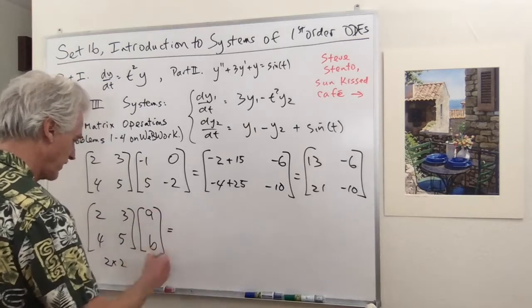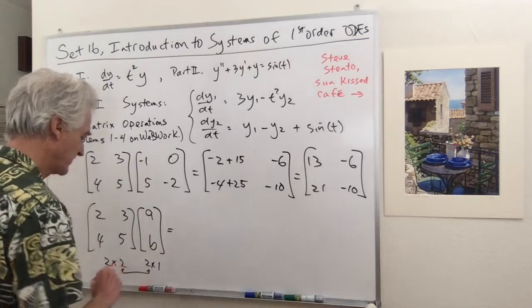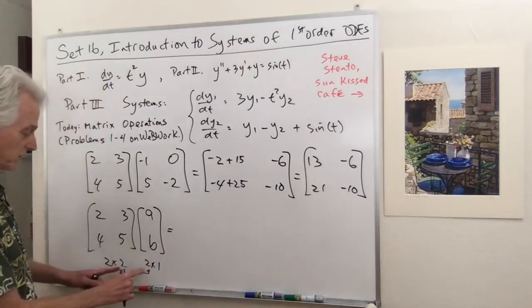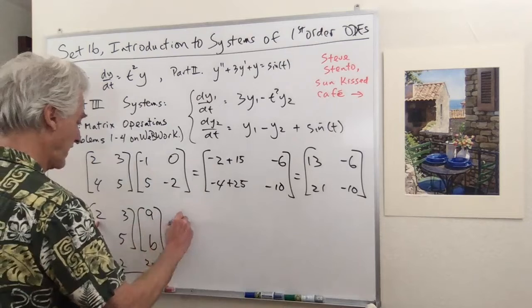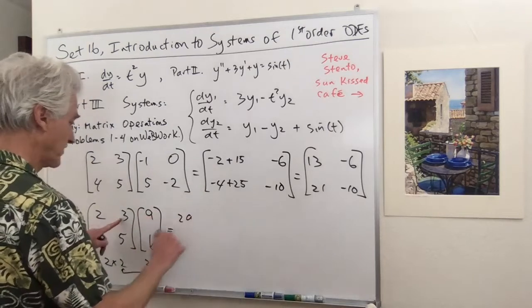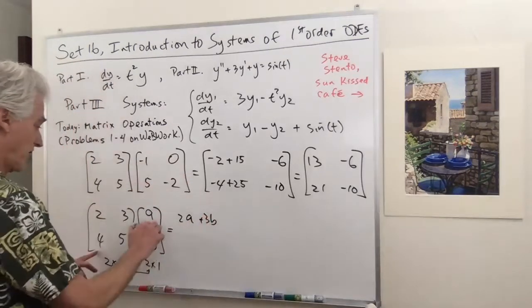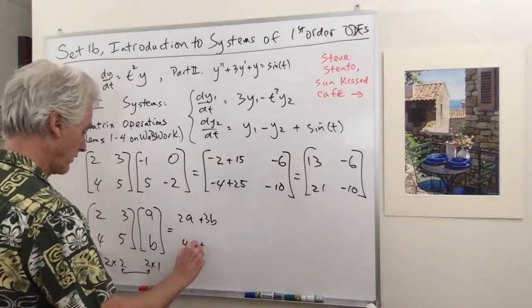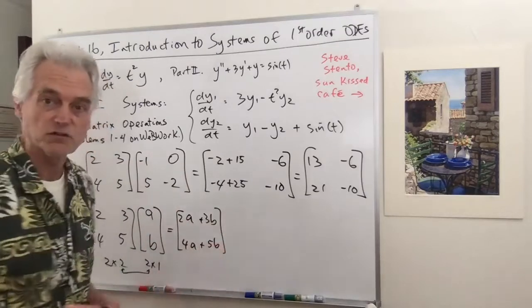This is a 2 by 1. Again, these are equal. We've done this kind of example before. Those are equal, so the result is a 2 by 1. It's going to be 2a plus 3b. That's the first entry, and then I have 4a plus 5b. That's the second entry.